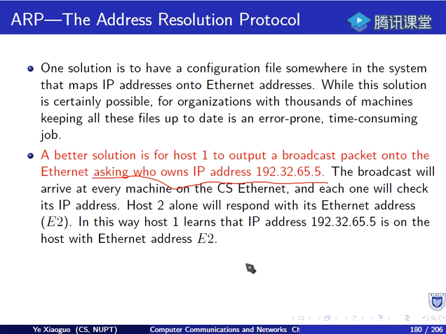Host 2 alone will respond with its Ethernet address. In this way, host 1 learns that the IP address is on the host with Ethernet address E2. So this is a better solution.